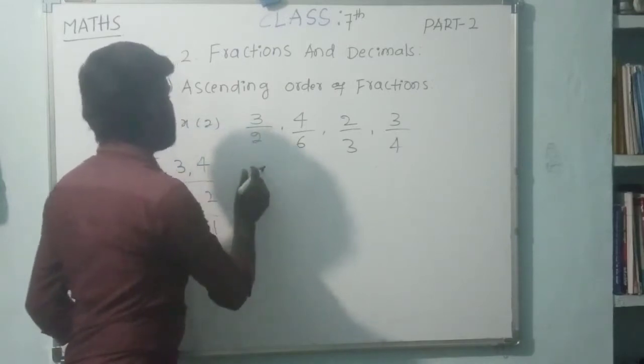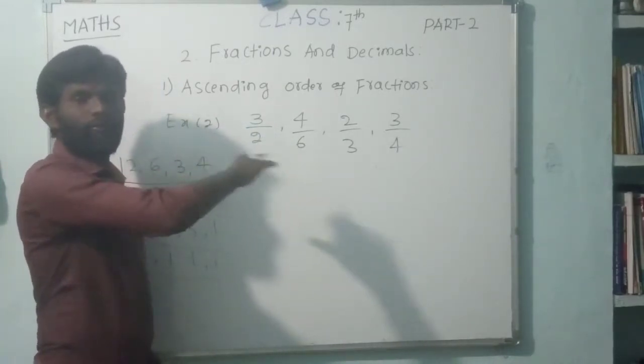Dear children, the LCM is 12, and I want to make every denominator equal to 12.